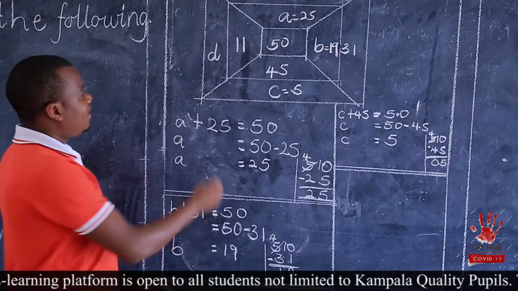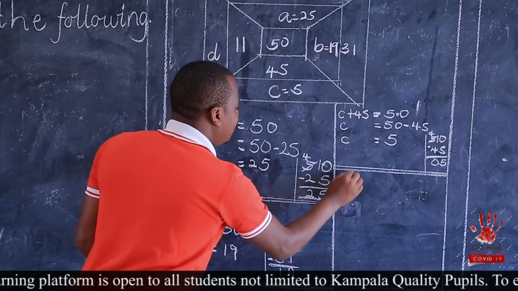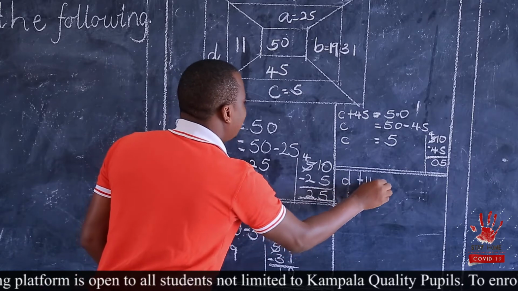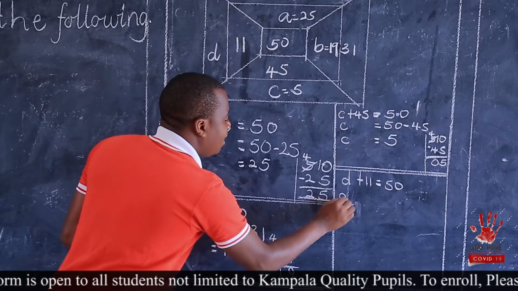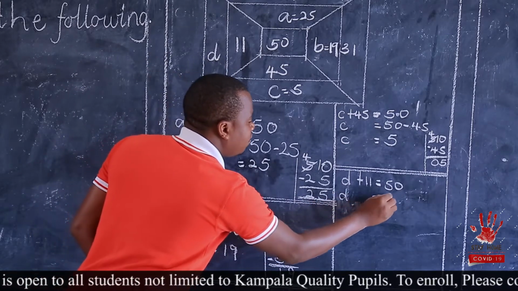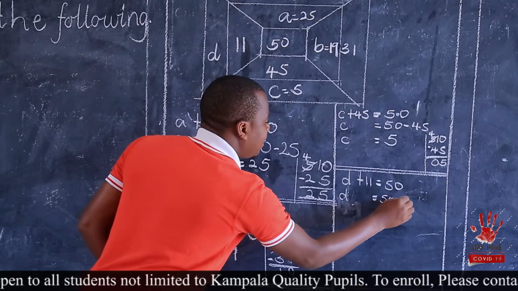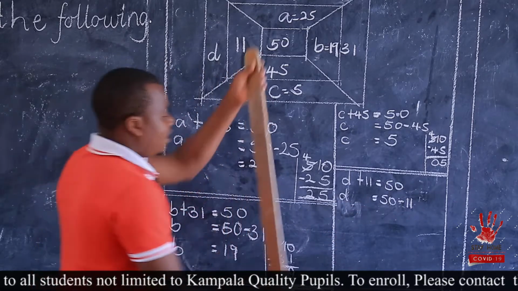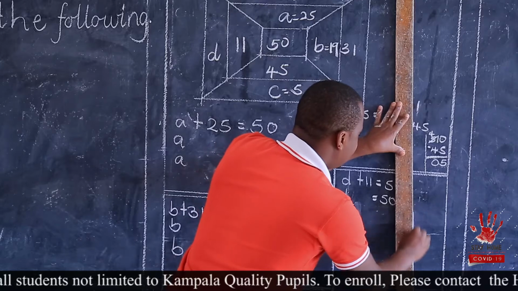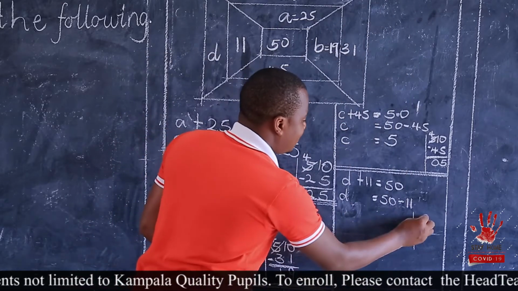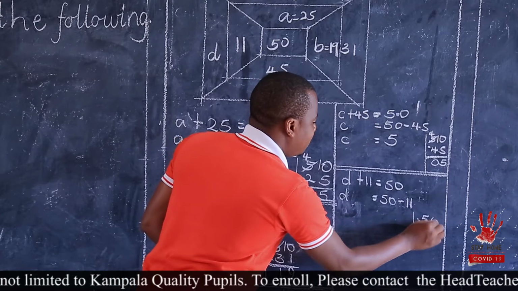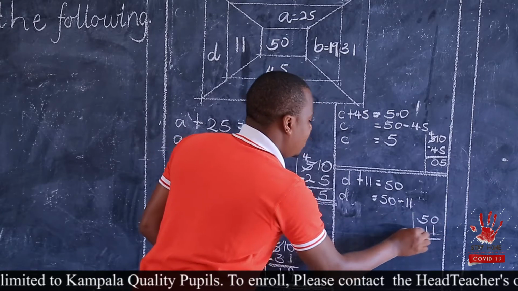Then lastly, we are going to have D plus 11 equals 50. And then D equals 50 take away 11. After that, since these are two-digit numbers, we subtract vertically. So we shall have 50 take away 11.